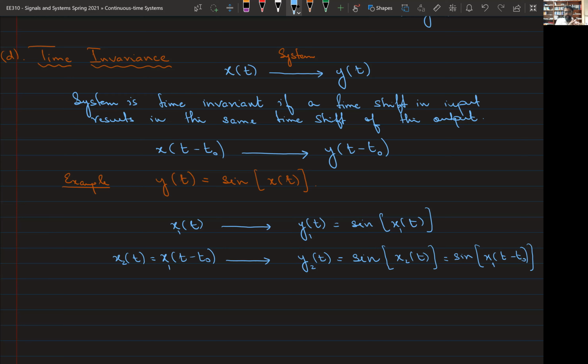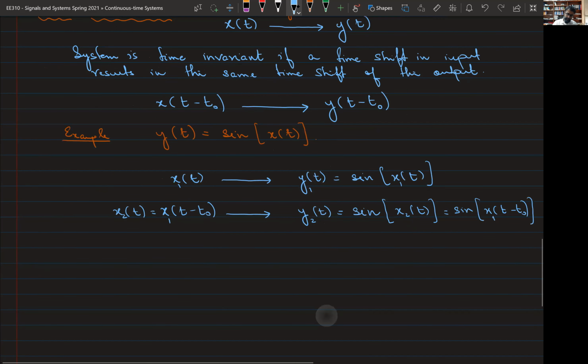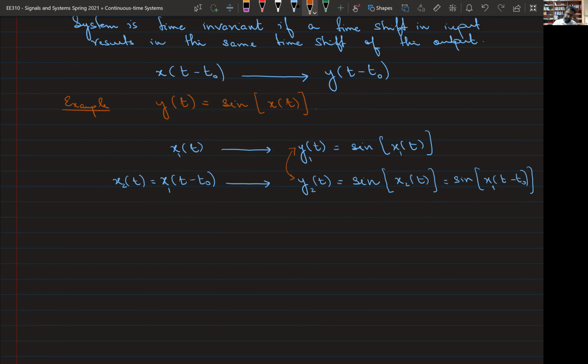Because I shifted the input by t naught, I want to see whether the output that I get is the earlier output shifted by t naught as well or not. And indeed, if I compare y1 and y2, I can clearly see that y2 of t is indeed y1 of t minus t naught. If I shift y1 by t naught, I will get the output y2. And therefore, this means that the system is indeed time invariant.